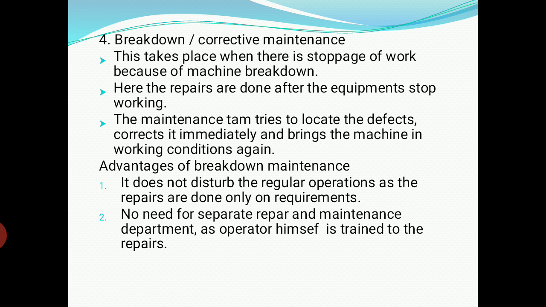After the breakdown occurs, this type of maintenance comes up. A team tries to detect the reason the machine has stopped working, tries to mend it, tries to correct it, and ultimately brings the machine immediately to working condition.